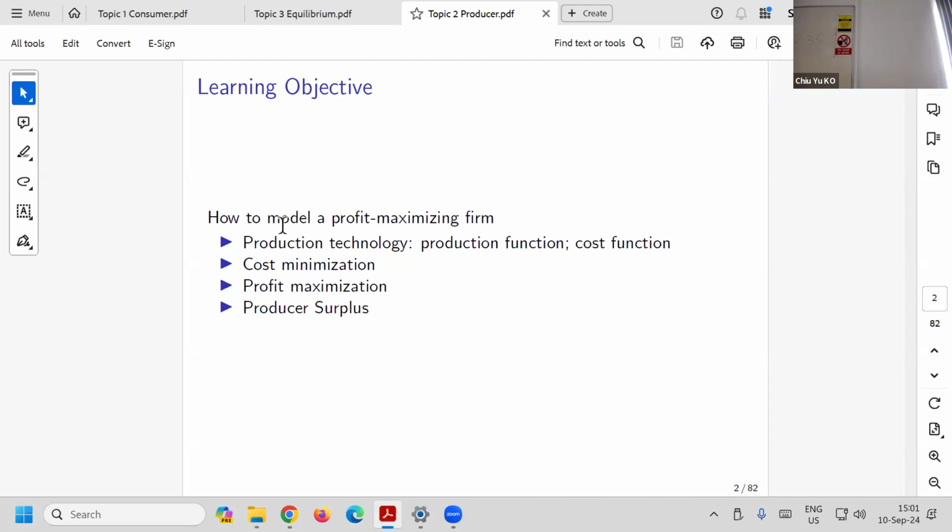Okay. And then profit maximization, okay, is a more complicated problem. Okay. In solving this problem, the firm simultaneously considers how it can arrange its input to produce output and how much output to produce. Okay. So that means that the other is a simplified problem. This is the full problem.